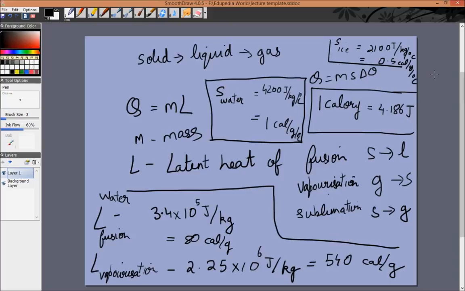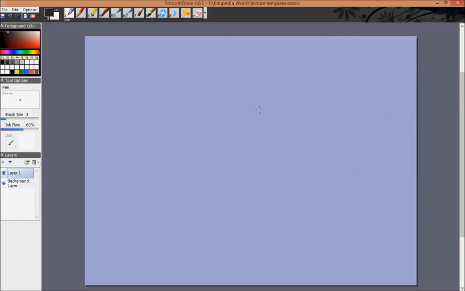So let's see how we use these formulas in some problems. Let's say we have a 5 gram piece of ice at minus 20 degrees centigrade, and you have 100 grams of water at 30 degrees centigrade, and you mix them together.